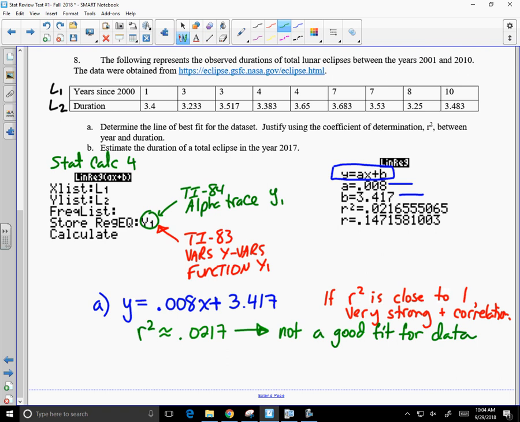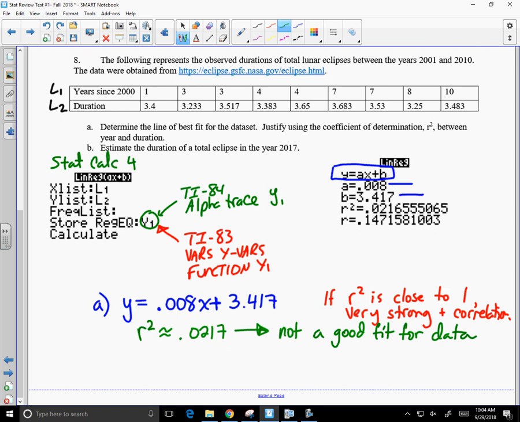And then you say to yourself, well, okay, did I screw this up, or is it just not a good fit? The r squared is going to tell you. If r squared is close to 0, it's just not a good fit. If r squared is close to 1, it's a really good fit. And if your line doesn't look like it's going through all those data points, then you did something wrong.